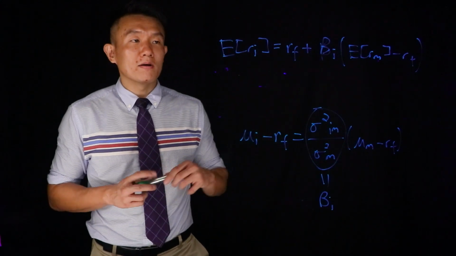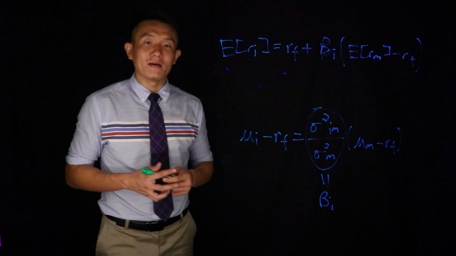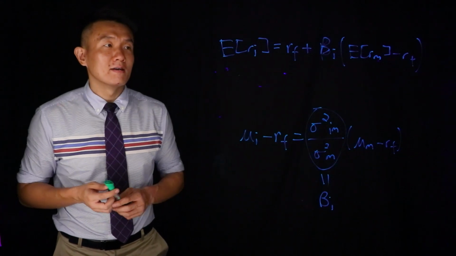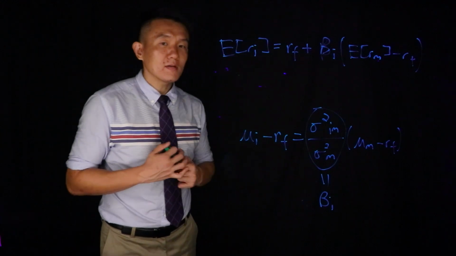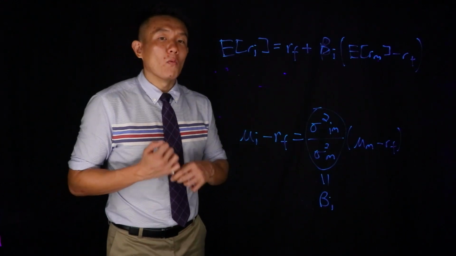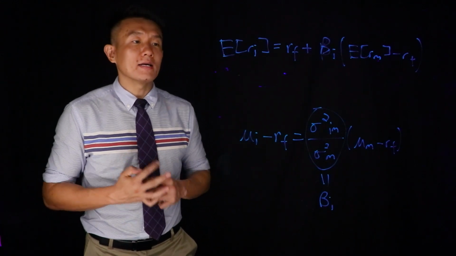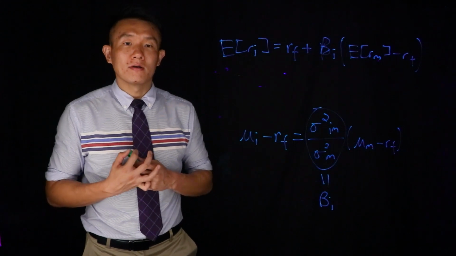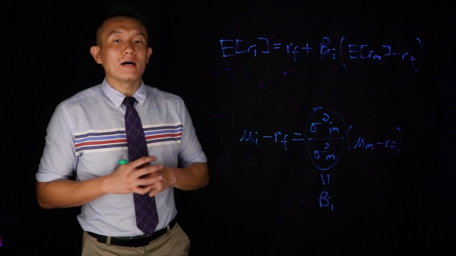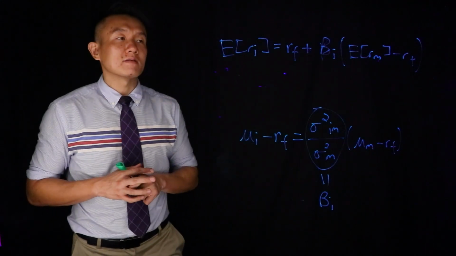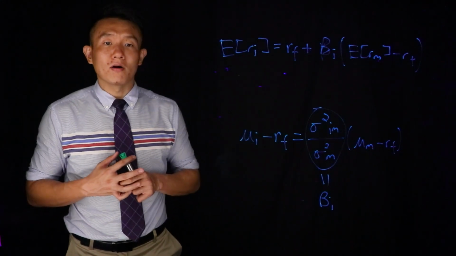Now, if you remember, when we were doing this, we had beta, but we also had alpha. Well, there's no alpha here, right? So what happened to alpha? What this equation is saying is that the only return that stock i is able to offer is as a result of its sensitivity to market risk.